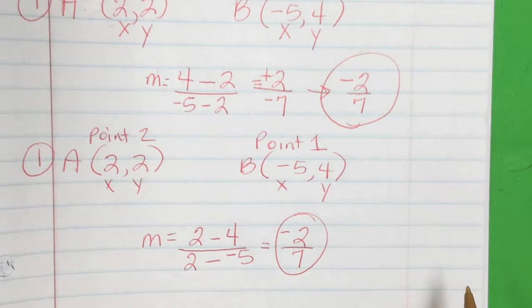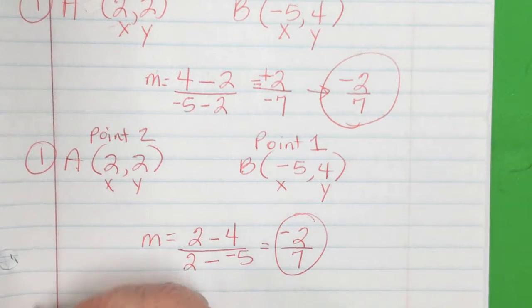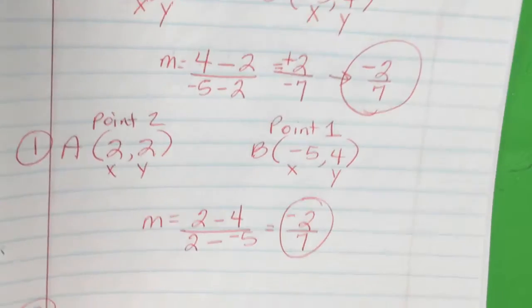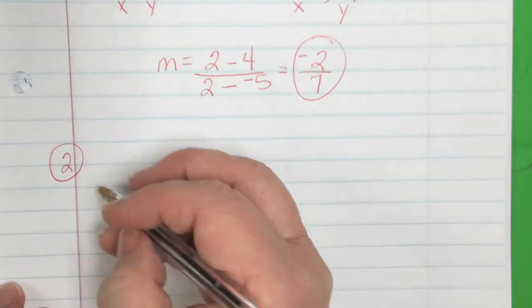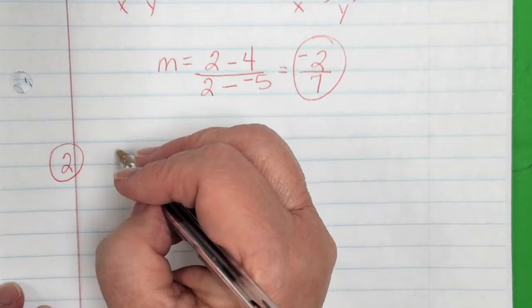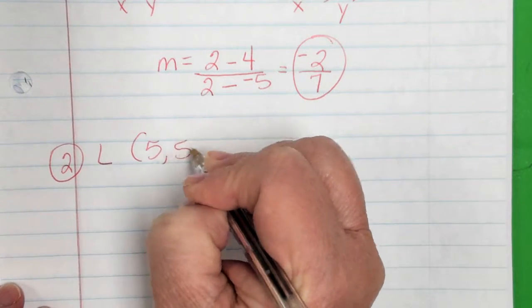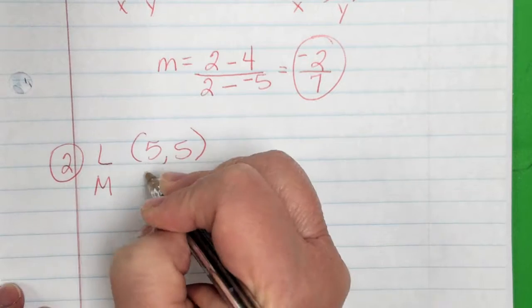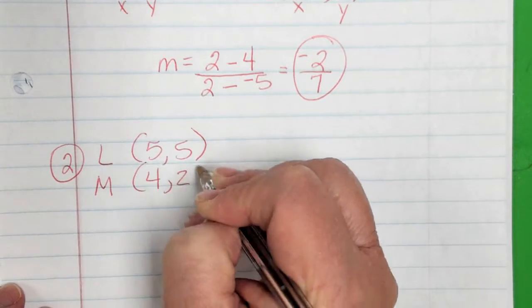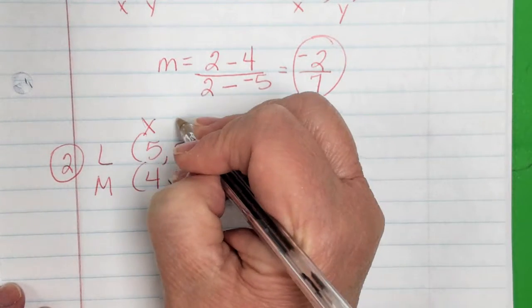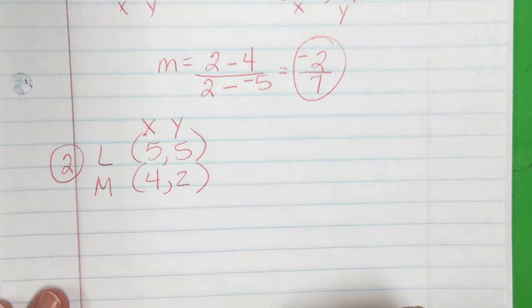One other method I'd like to show you is the stack and subtract method. We're going to go on to problem number 2. We have point L, which is 5, 5, and M, which is 4, 2. Remember, this is X and this is Y in each ordered pair.